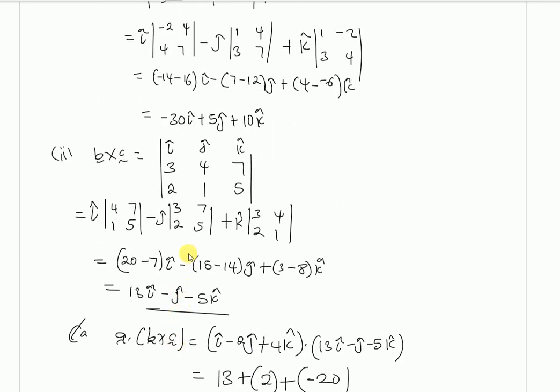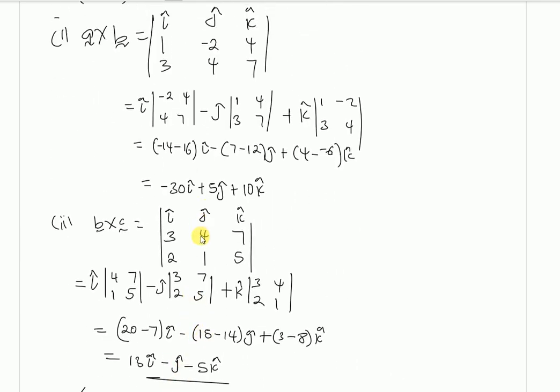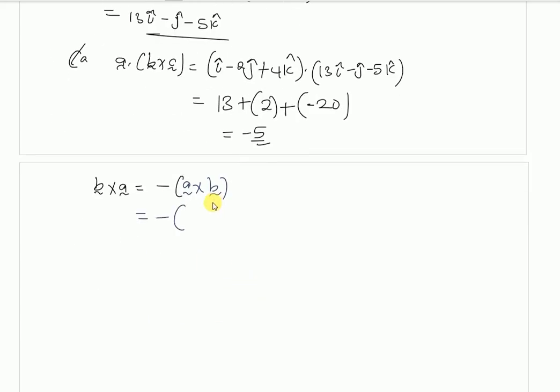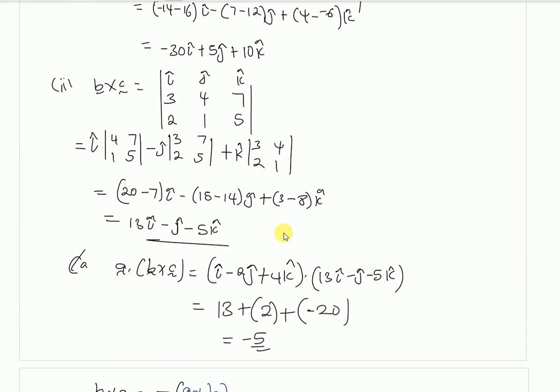We got it as negative 30, that is 35, 10. That is what we got.